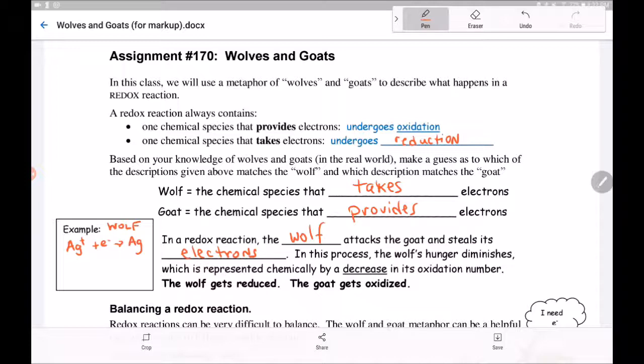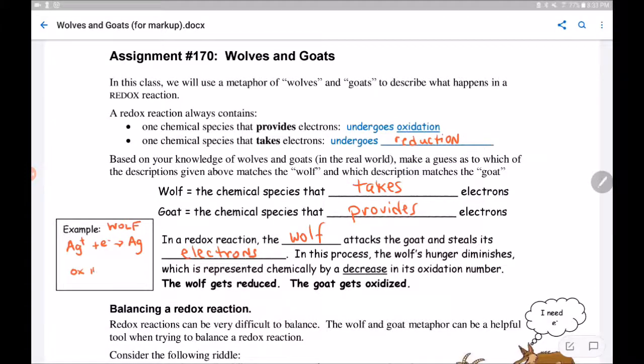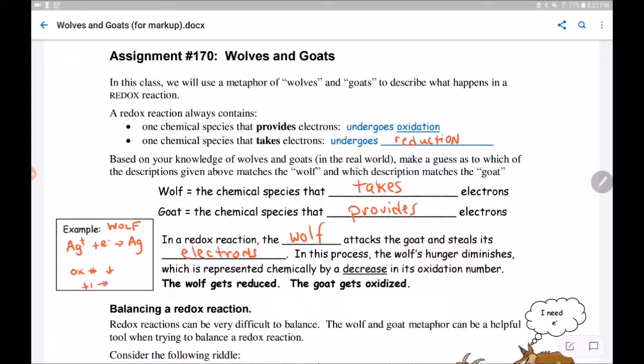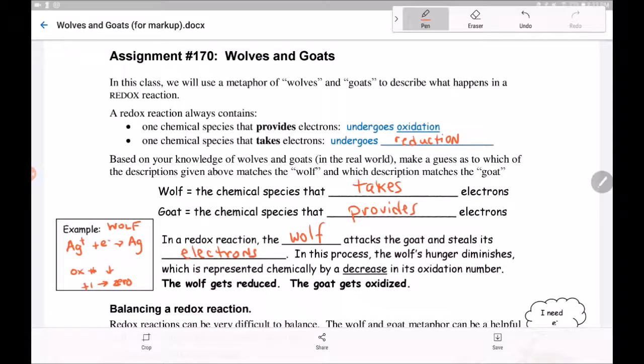And you can see the oxidation number decreases. Ag+ has an oxidation number of +1, whereas Ag neutral has oxidation number 0. +1 goes to 0. That's reduction. Ag+ is a wolf.